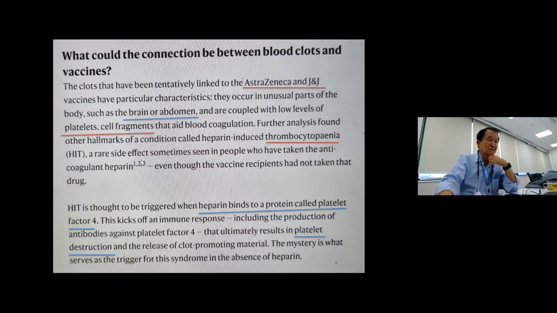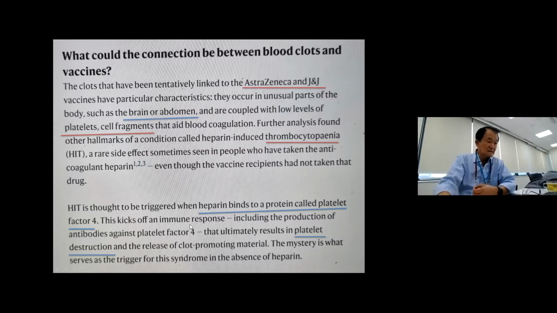And so recently vaccines, particularly using adenovirus vaccines, have shown thromboembolic disease. Why? And clinically, the clots are usually in the brain, hemorrhage, or abdomen, and clinically low level of platelet cell fragment. But they also show some kind of thrombocytopenia.